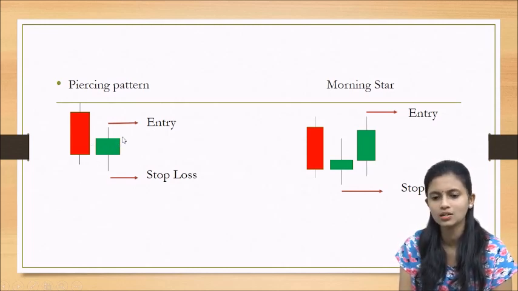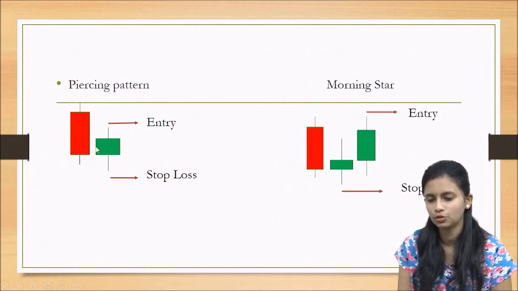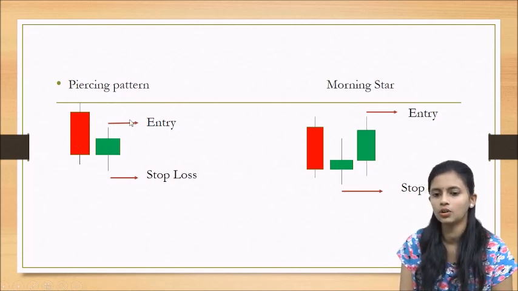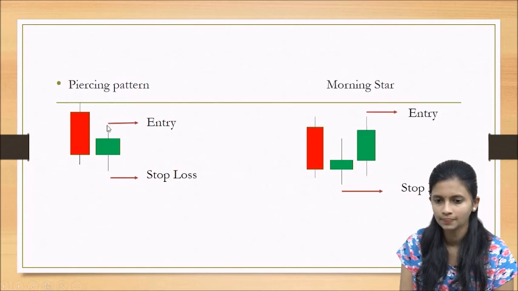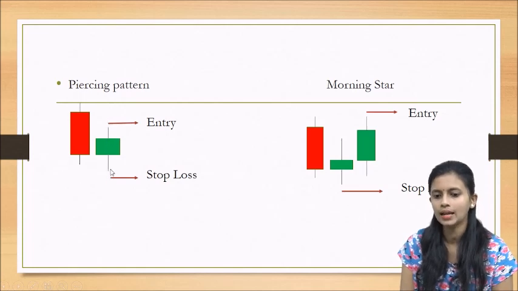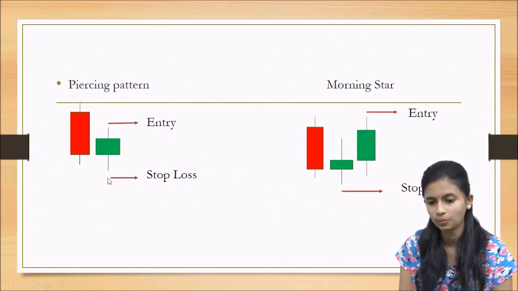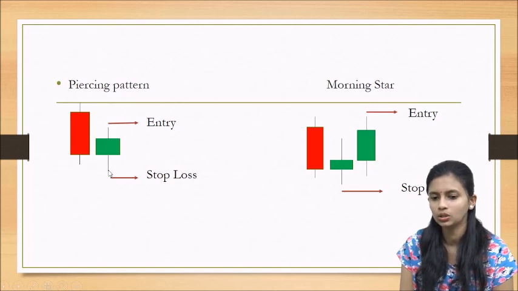If it is doji, then it is a very good confirmation that buyers are taking power. So after a big red candle, if a doji is formed, then your entry will be just above the high of this doji, and stop loss will be just below this doji. Okay, low of this candle will be the stop loss.